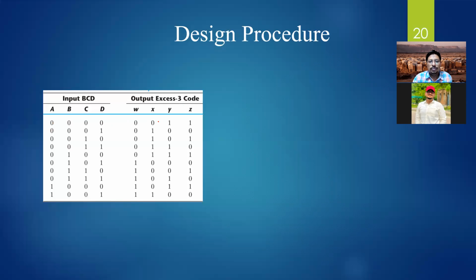When you add 3 to 0, 0, 0, 0, you get this result. When you come to add 3 to the next ones, 0, 1, 2, 3, it will give you this result.